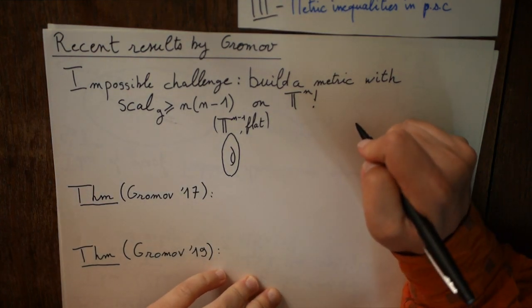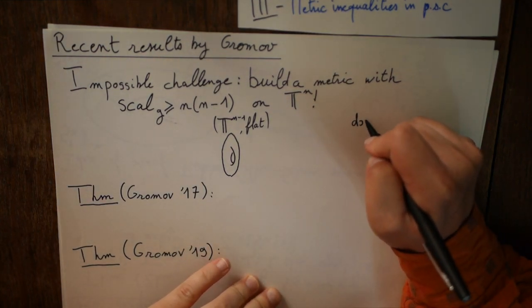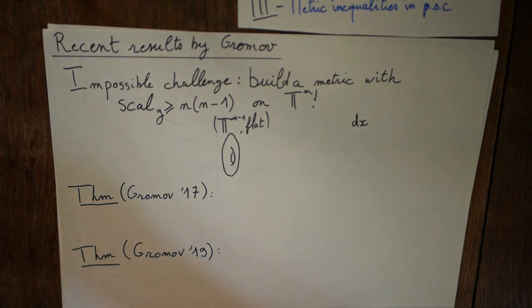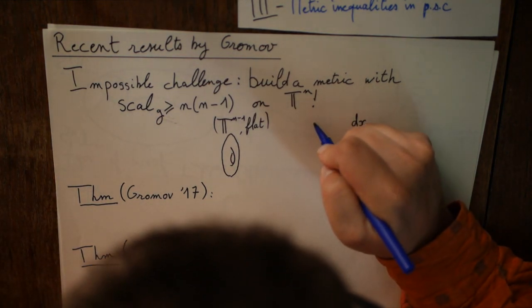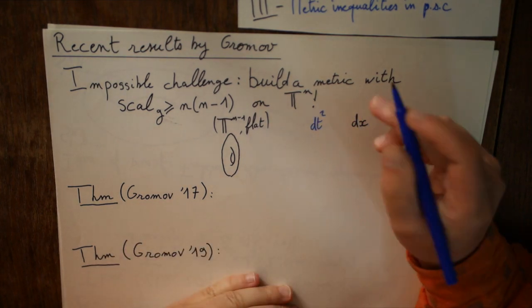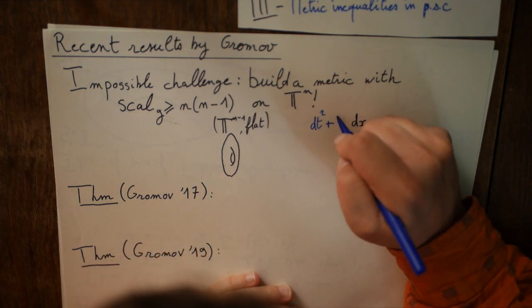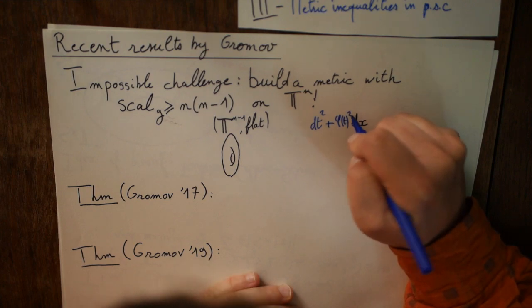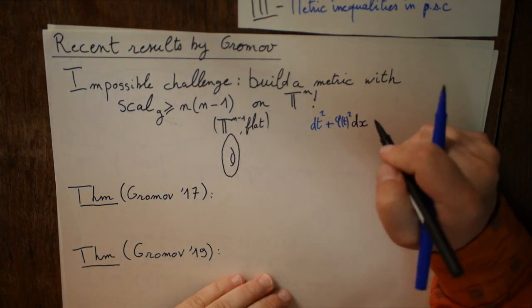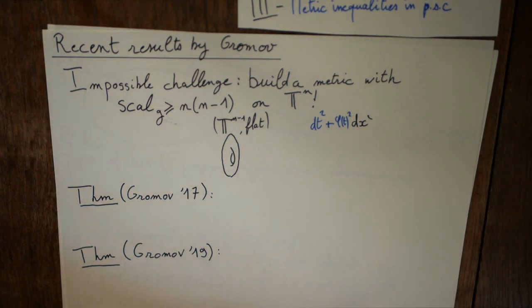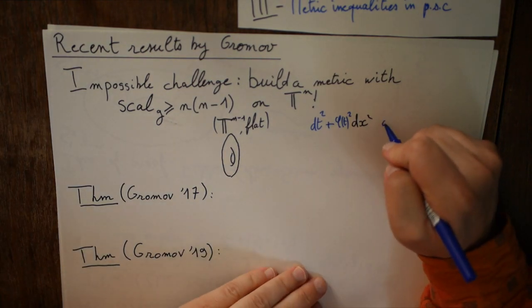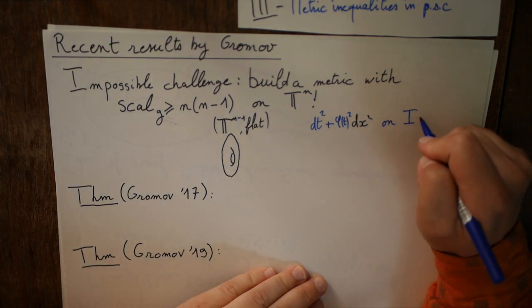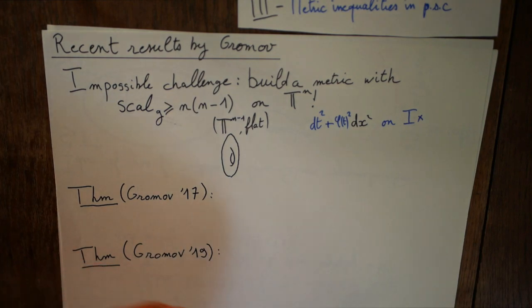So let's look for a metric of the form dt squared plus phi of t squared dx squared on an interval times the flat torus.